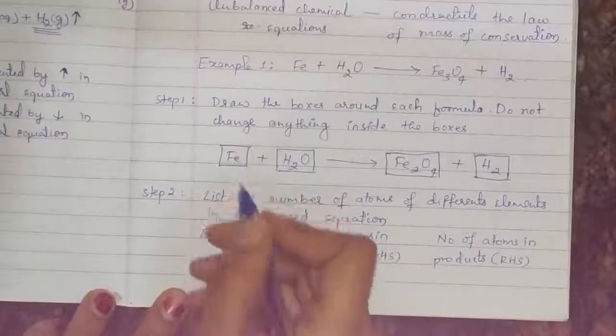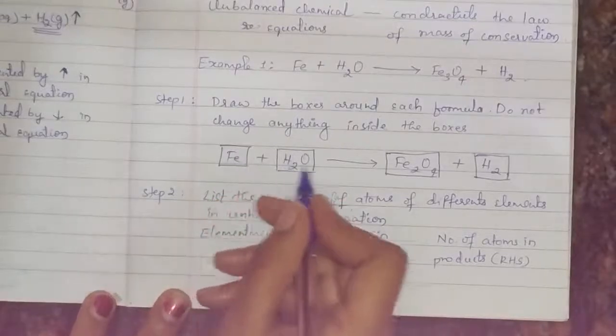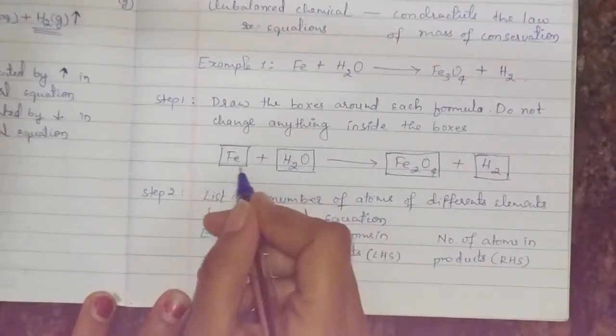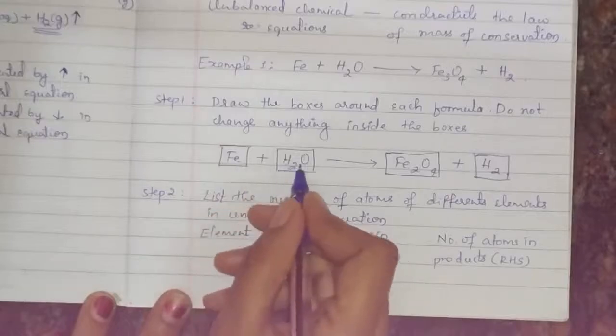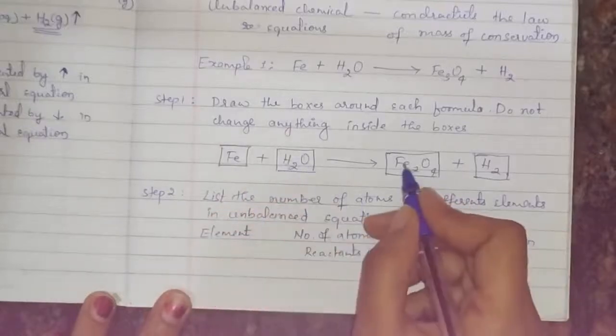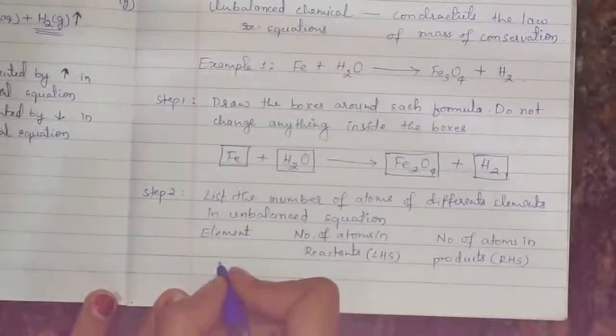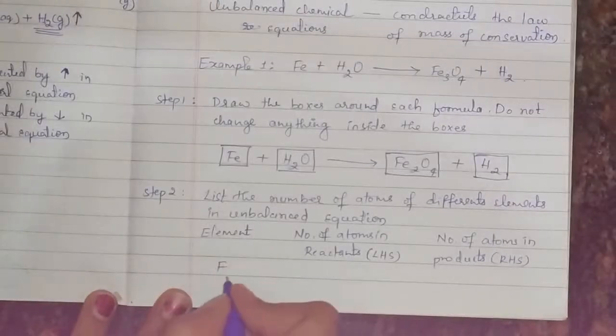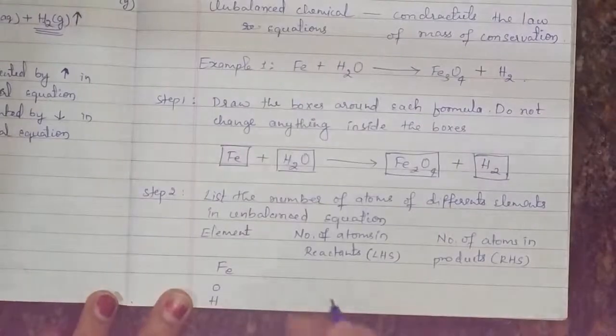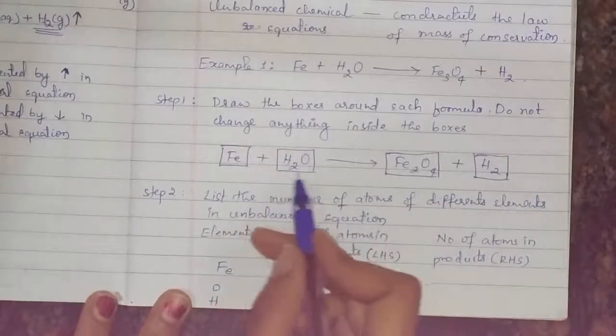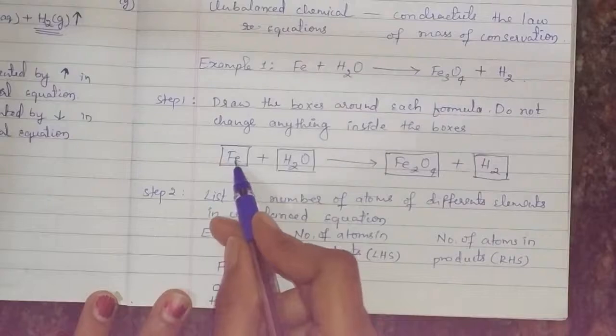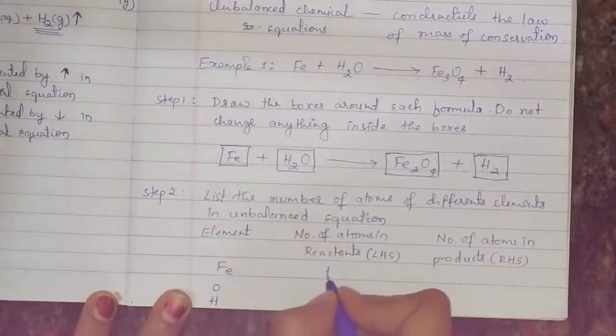See here, there are three different elements: iron, hydrogen and oxygen. Here also iron, oxygen, hydrogen. In the reactant side, count the number of iron atoms. Here 1.